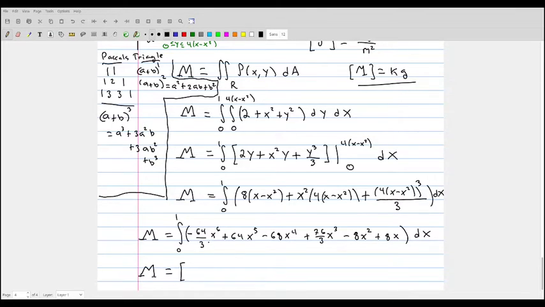The antiderivative is going to be negative 64 over 7 times 3, or 21, times x to the 7th, plus 64 over 6 times x to the 6th, minus 68 over 5 times x to the 5th, plus 76 over 12 times x to the 4th, minus 8 over 3 x cubed, and lastly plus 8 over 2 x squared. And this is evaluated at the upper bound of 1 and the lower bound of 0.